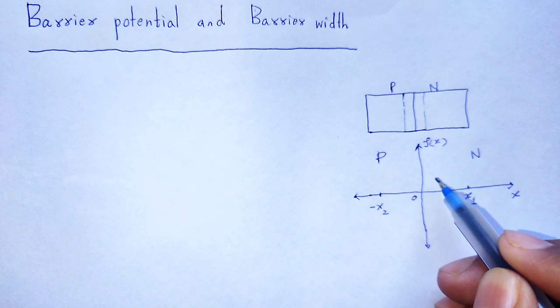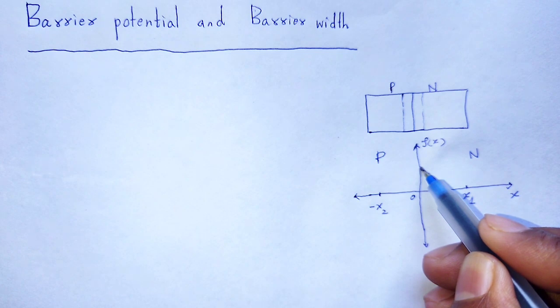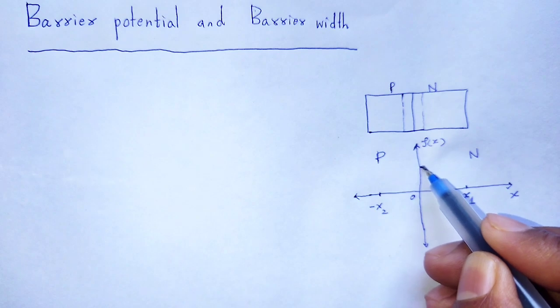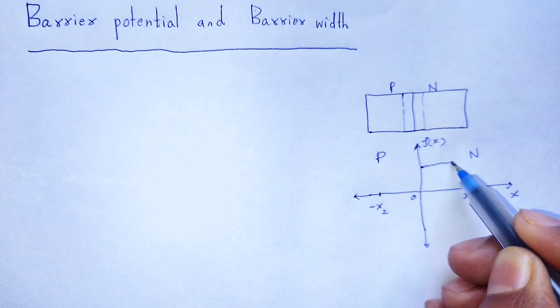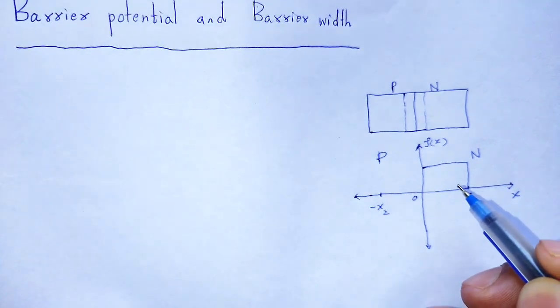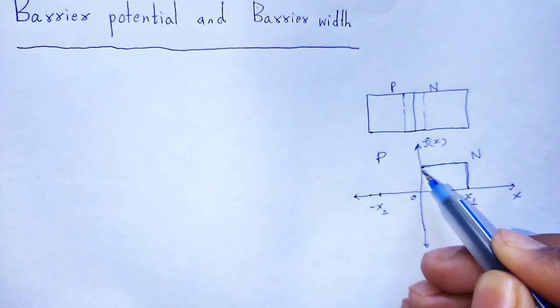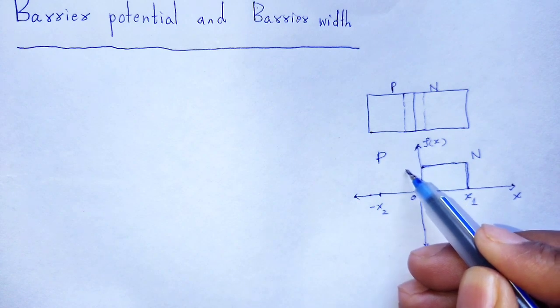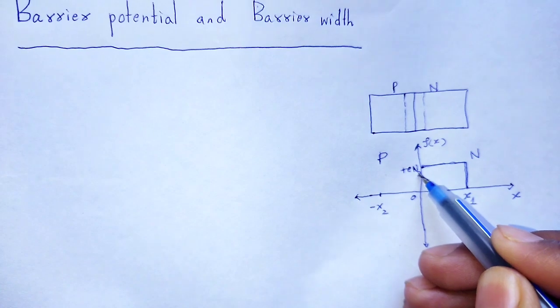In the N region, the density of donor atoms is Nd, the charge of electron is e, so the charge density is e Nd.